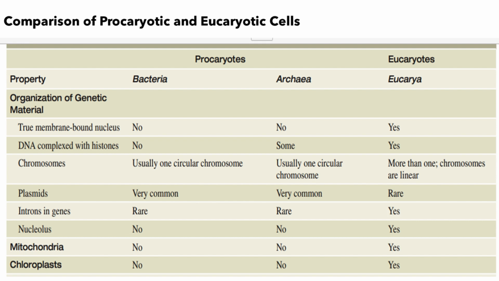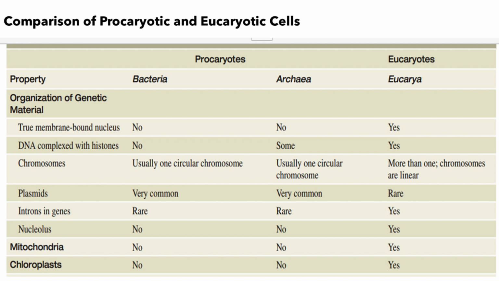Chromosomes. There is usually one circular chromosome in archaea and bacteria, but more than one, and linear, in eukarya. Plasmids. Very common in bacteria and archaea, but rare in eukarya.